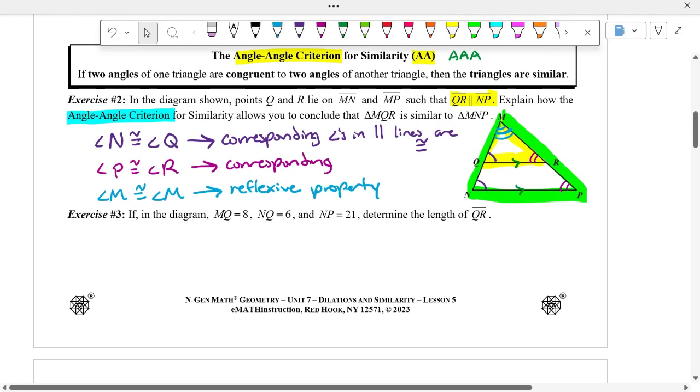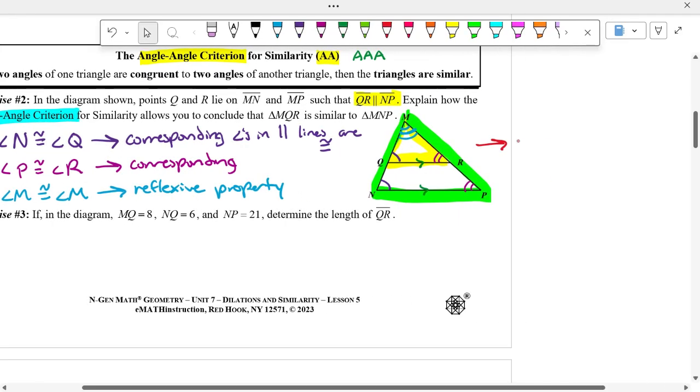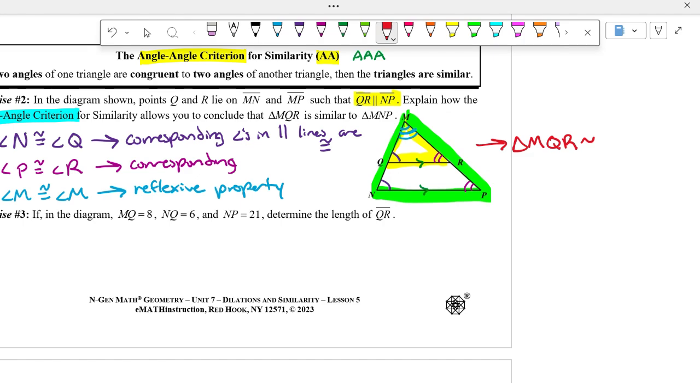Now, because of that, we can for a fact say that triangle MQR is similar to triangle MNP by the angle-angle theorem, because we have two, or all three, angles that are congruent.